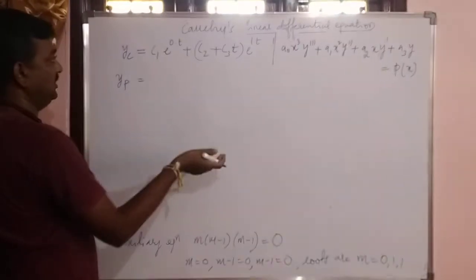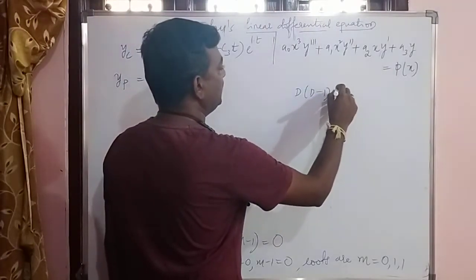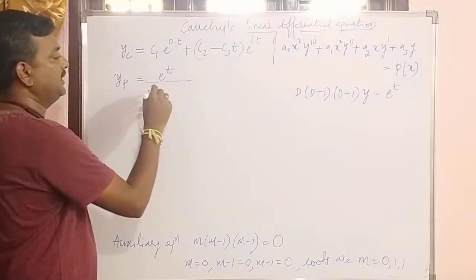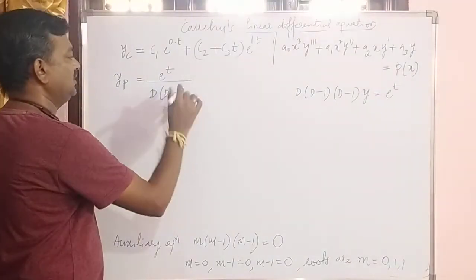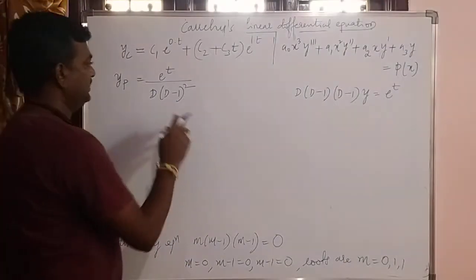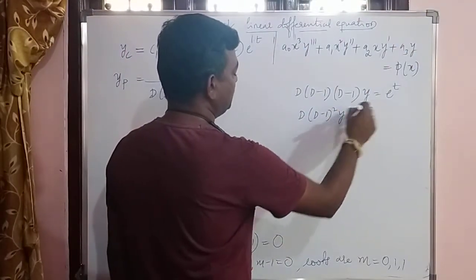Next, what is yp, student? You know that the Cauchy's differential equation is of the form d into d minus 1 into d minus 1 into y is equal to e raised to t. So yp is e raised to t divided by d into d minus 1 whole square. This can also be written as d into d minus 1 whole square into y is equal to e raised to t.